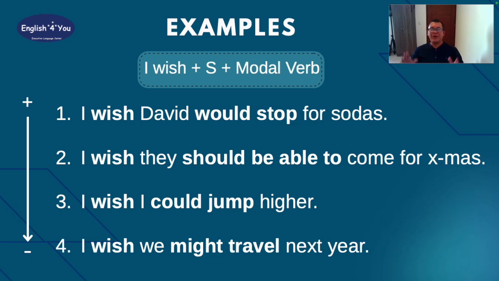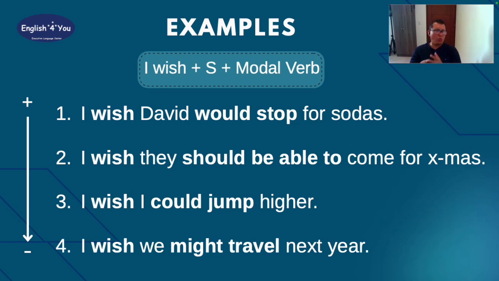Okay, so guys, what's happened up to this point? Up to this point, you already learned the expression I wish, then a subject and the verb in simple past. You already know how to use it with the verb to be, and you already know how to use I wish with modal verbs.